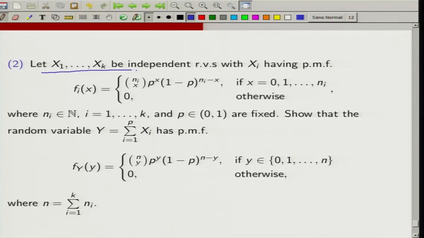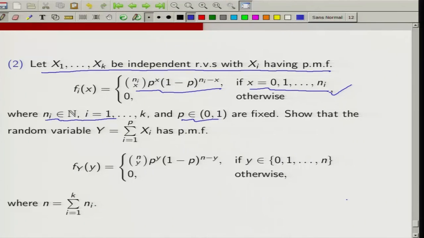The second take home problem is as follows. Let x1, x2, ..., xk be independent random variables with xi having a probability mass function given by this: the binomial coefficient ni choose x times p to the power x times 1 minus p to the power ni minus x if x is from 0, 1 to ni, and 0 otherwise. Here the ni's are positive integers, and p is between 0 and 1. So, they are parameters of the distribution.